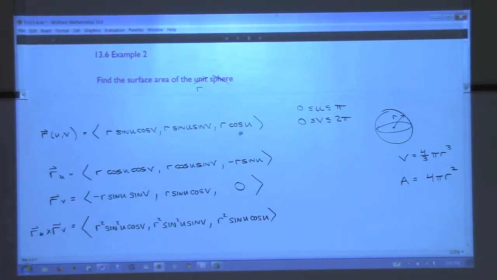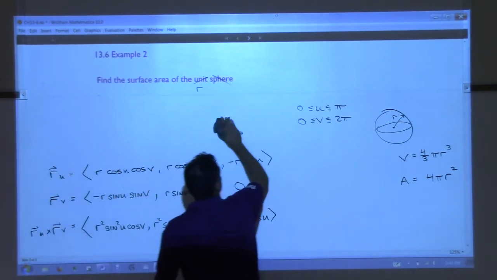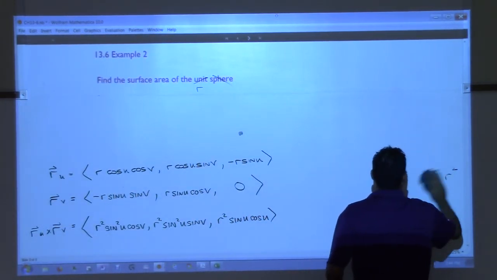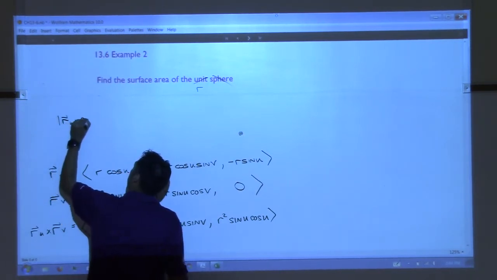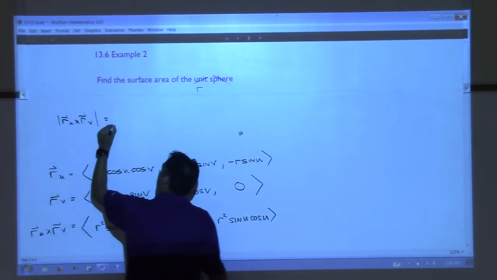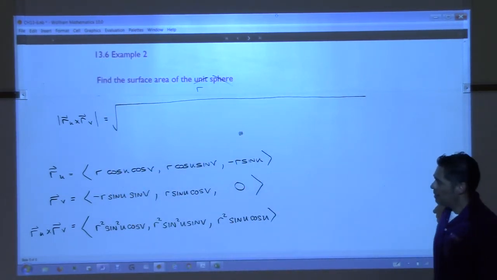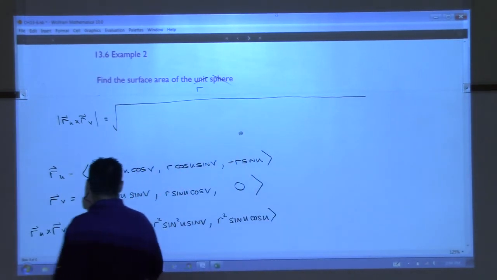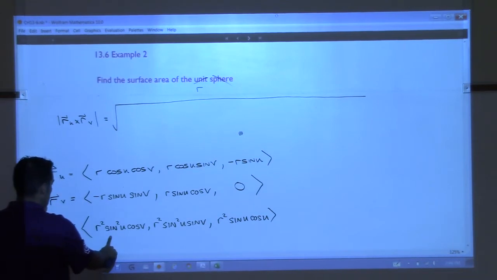Okay, now we need the magnitude of that, right? Now that we didn't have to do in the last problem. So the magnitude of this will be, it's going to suck, but it is what it is, the square root of this squared plus that squared, right? So what is this squared?